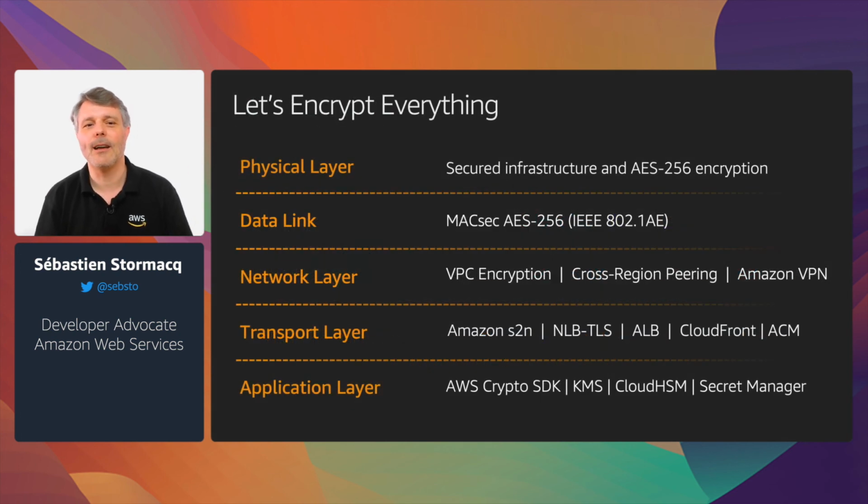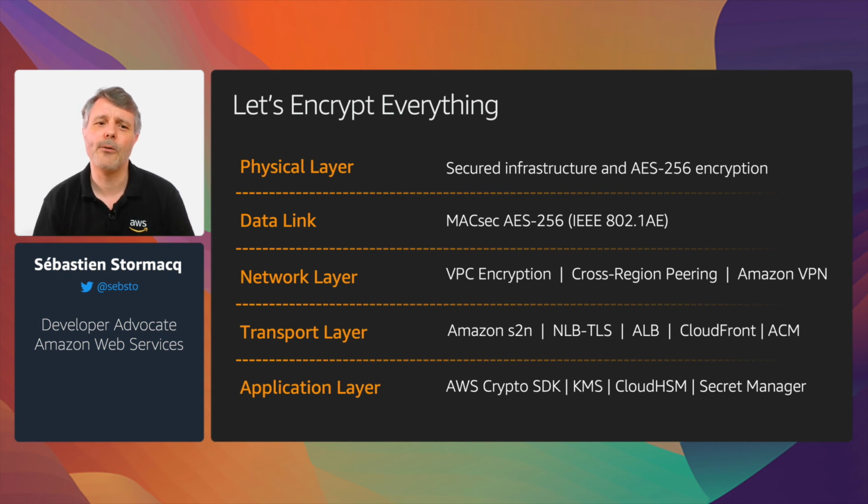So during this talk, I talked about physical network security with laser monitoring. I talked about MACsec for data encryption. We talked about network layer encryption with the VPC encryption that is by default on Nitro Amazon EC2 instances, cross-region peering, and the type of encryption you can get from Amazon VPN.